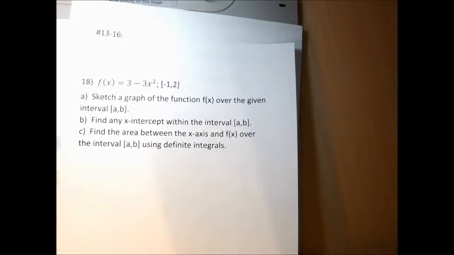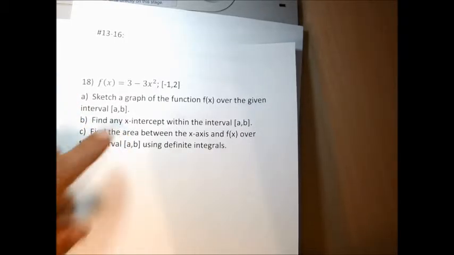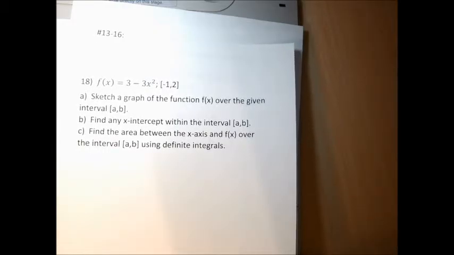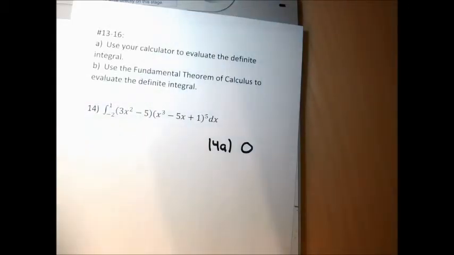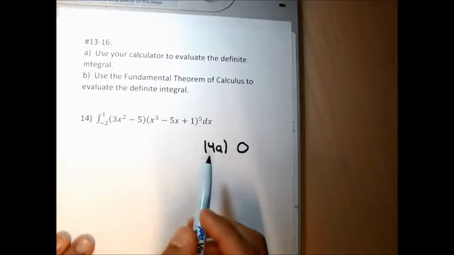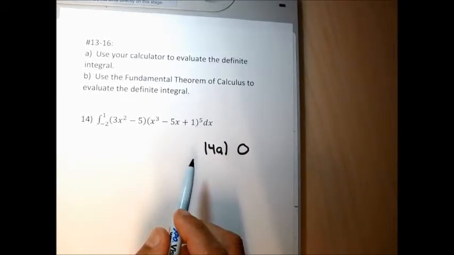A little bit later, the instructions will tell me to find the x-intercepts, and then I'll know that I want the area beneath the x-axis to be positive. But for this group of problems where it just says use your calculator and doesn't make any comment about area, it's sufficient just to use your calculator, and we'll try to match up our calculus without having to worry about x-intercepts and positive and negative areas.